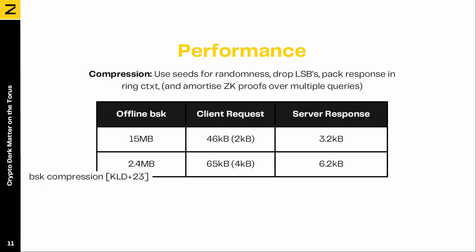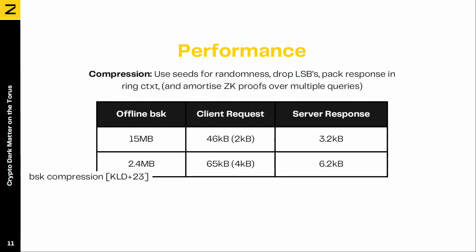However, we consider this an offline cost because you can send many requests with a single bootstrapping key. OK, so the client request size when sending a single query is around 46 kilobytes. But you can actually amortize this by packing multiple queries into a single request message. And what you get when you do this is around a 2 kilobyte per query communication cost in the request.